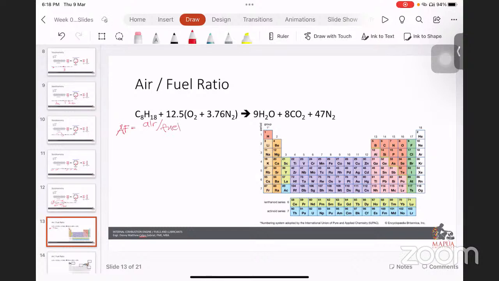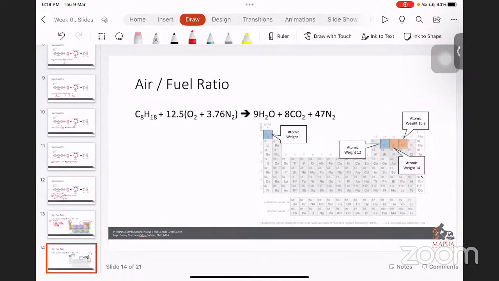So, air muna: 12.5 O2 plus 3.76 N2 divided by C8H18. Hanapin natin kung how heavy yung atomic mass or atomic weight ng each molecule dito sa periodic table natin.